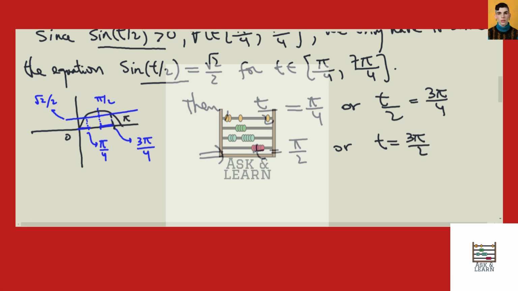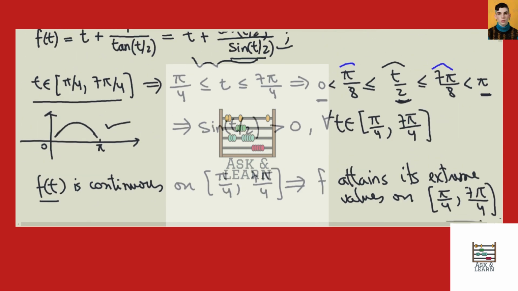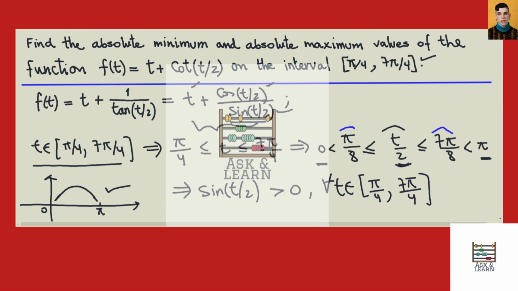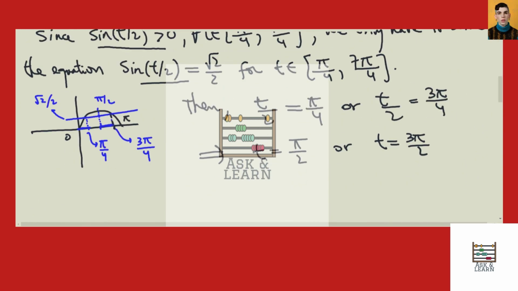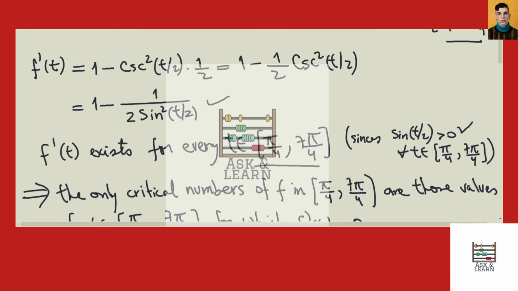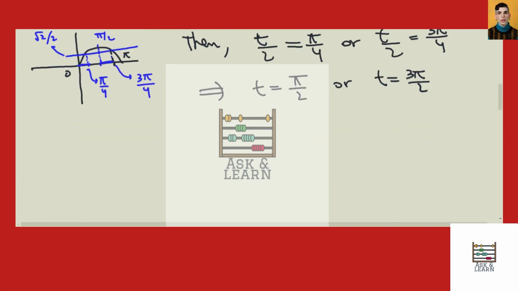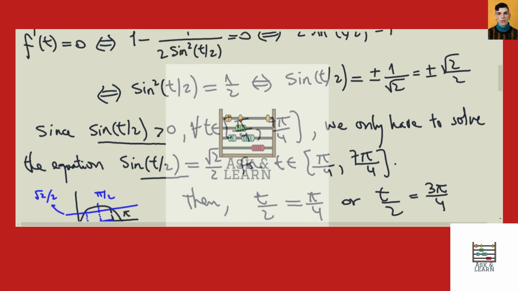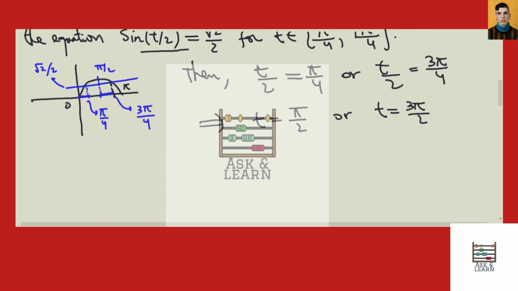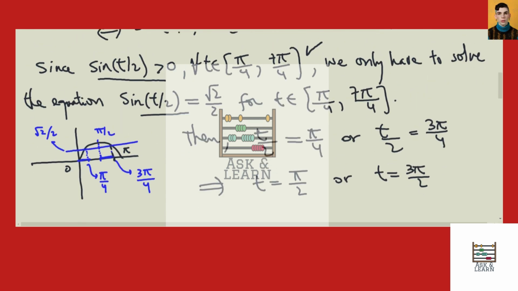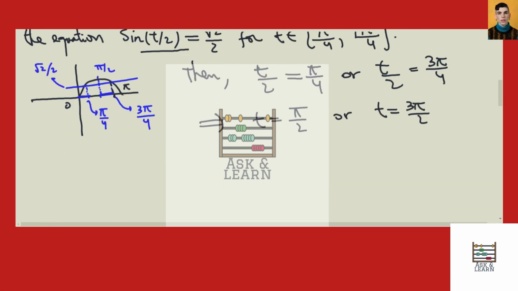And we see that these two values are inside the range given up here: pi half is greater than pi fourth, and 3 pi half is less than 7 pi fourth. So we are inside the intervals without problem. So we are good here.